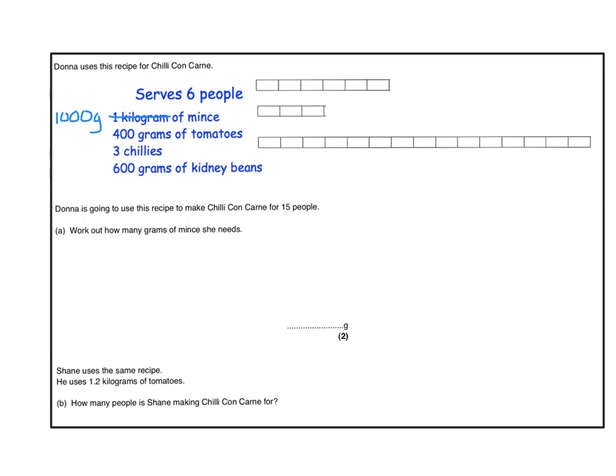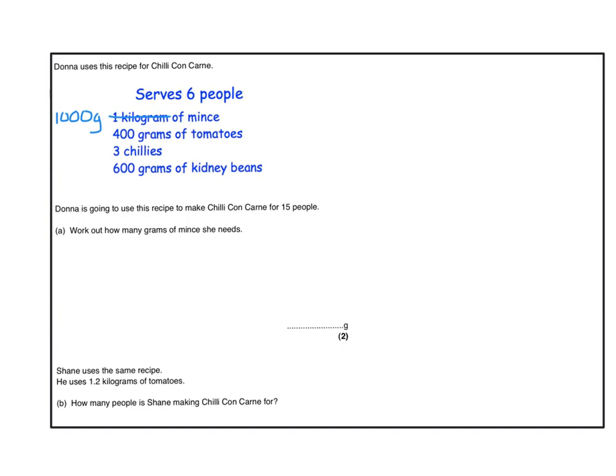So if I demonstrate it here using this bar, if I figured out how many ingredients were for 3 people, then I could times it by 1, 2, 3, 4, 5 to get 15. So we're firstly going to go to 3 people and then we're going to go up to 15 people. So this 3 is a number that goes into both.